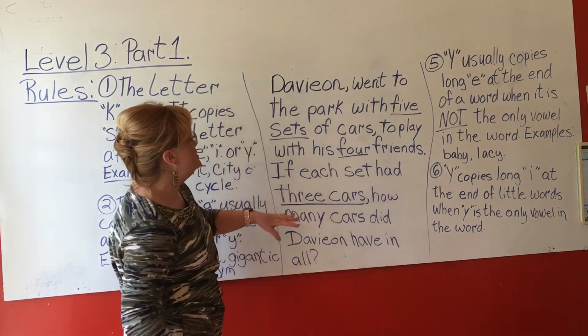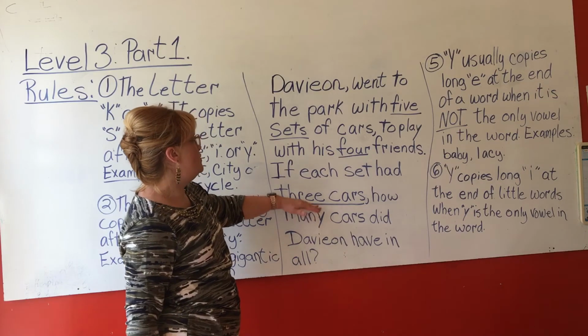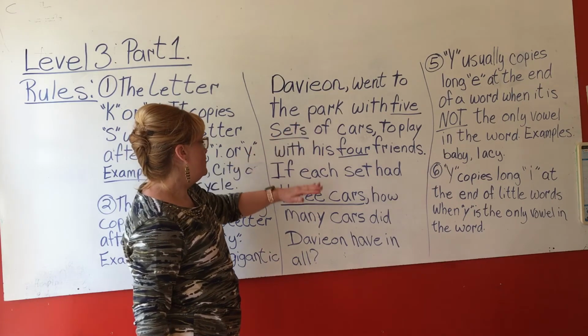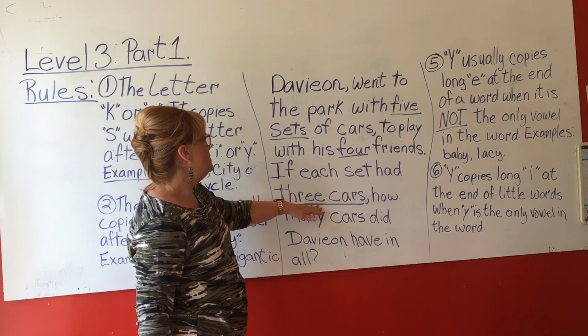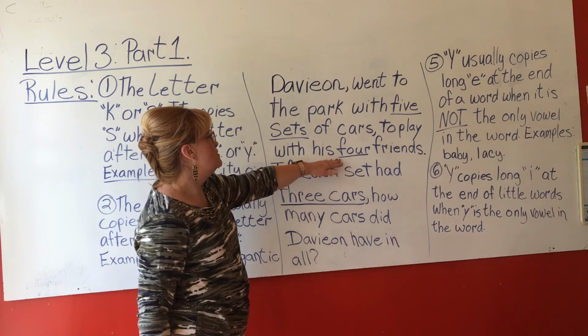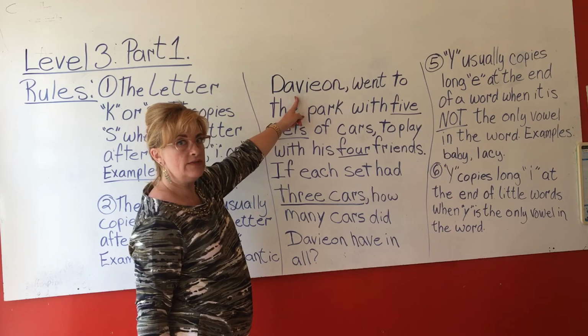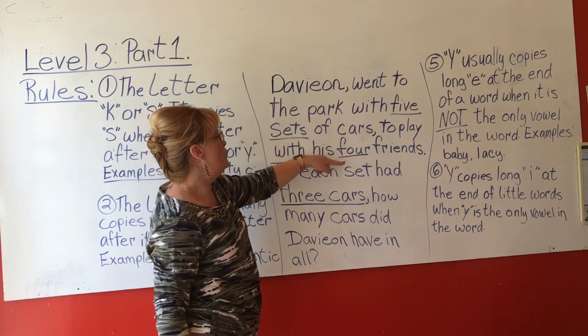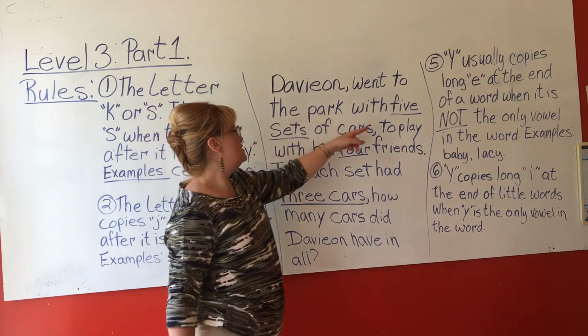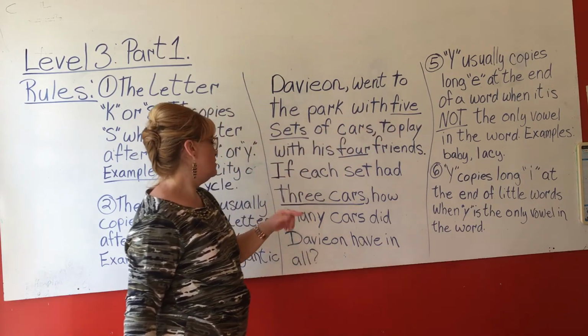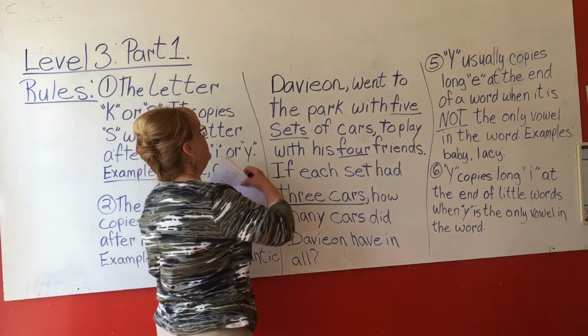So the sets had 3 in each. So there were 5 sets, and there are 3 cars in each set, and he had 4 friends, plus himself though, right? Because he wants to play with his friends. So 4 plus himself makes 5, so that makes sense of why there's 5 sets of cars. So he has 5 sets of cars.